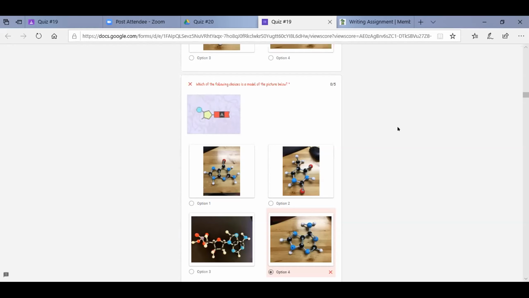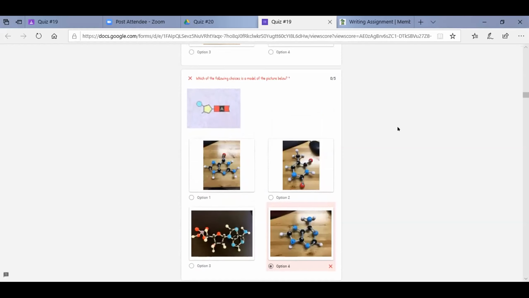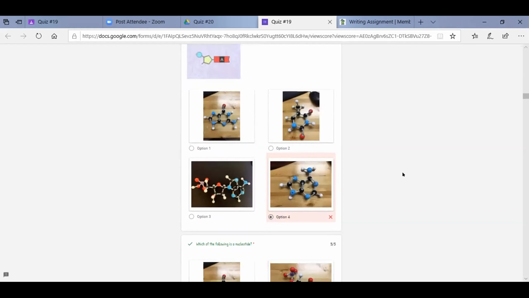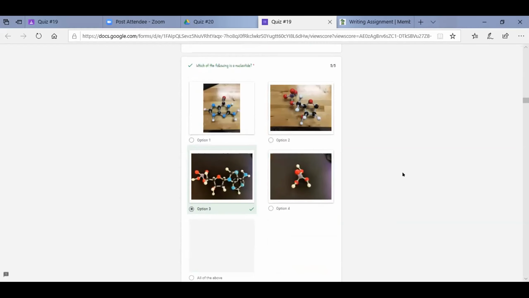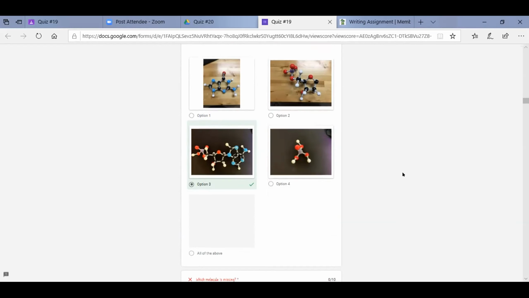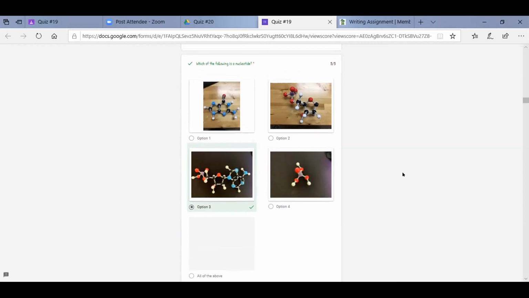It has three parts: the phosphate, the five-carbon sugar, and the nitrogenous base. Which of the options has a complete nucleotide? Option 3. Yep. The complete nucleotide has the phosphate, the sugar, and the base.